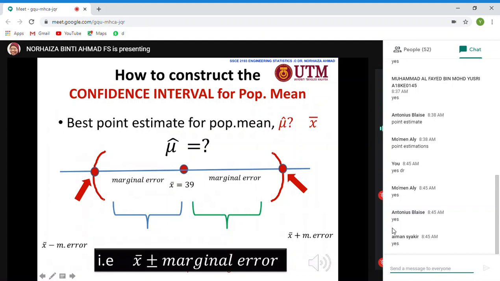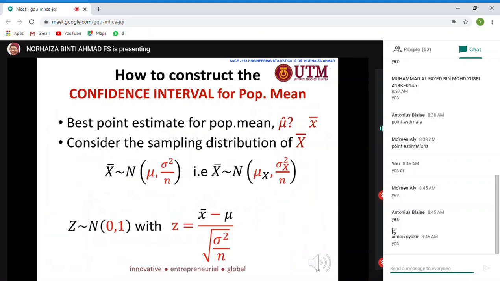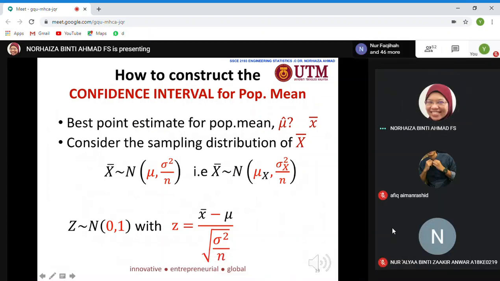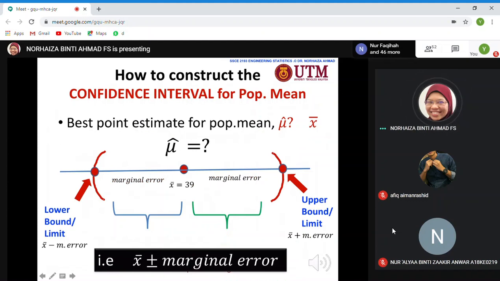Okay, so since you know X bar has a normal distribution, we will see later why. So basically because of the sampling, when you want to consider the sampling distribution of X bar itself, it is normally distributed. So therefore we have a symmetric distribution. When you have a symmetric distribution, our range of values would be around X bar.